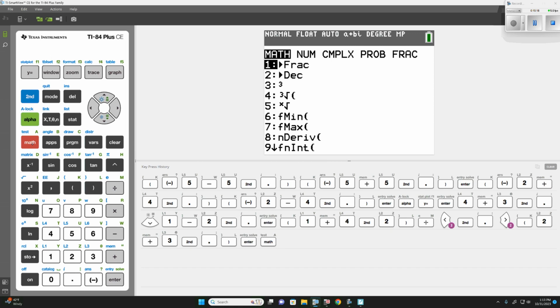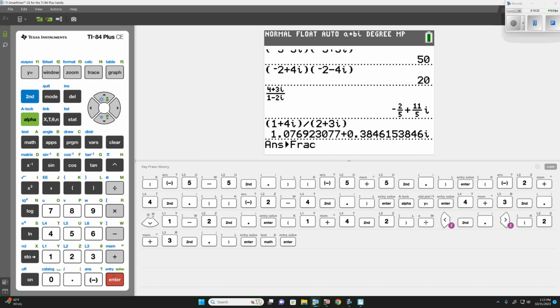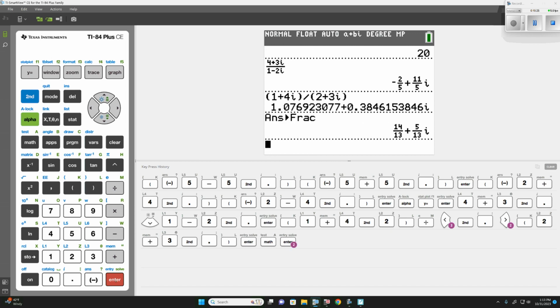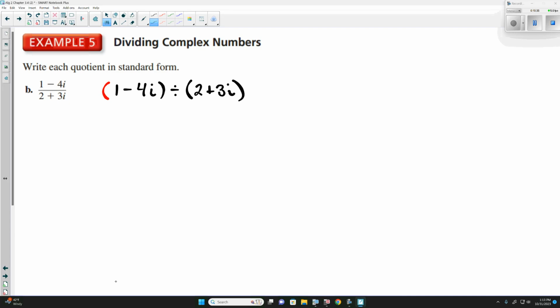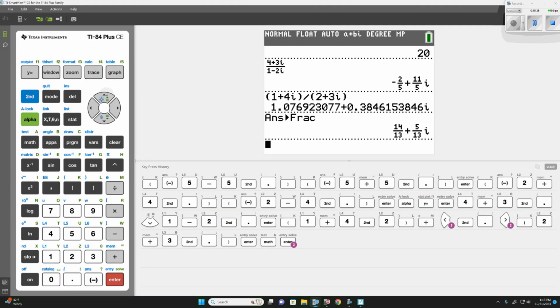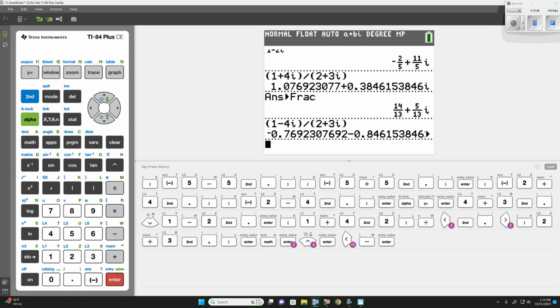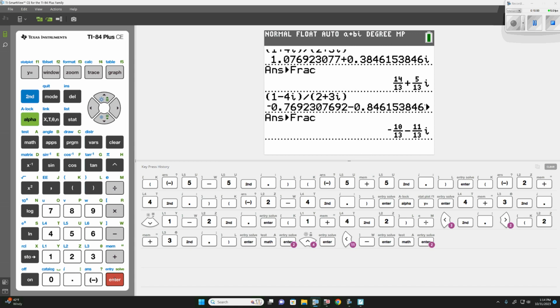And the first one is fractions, so enter to select it, which is saying take the previous answer, turn it into a fraction, hit enter one more time, and we get... I see why. Because the numerator is not 1 plus 4i, it's 1 minus 4i. Math, enter, enter. Negative 10 thirteenths minus 11 thirteenths i.